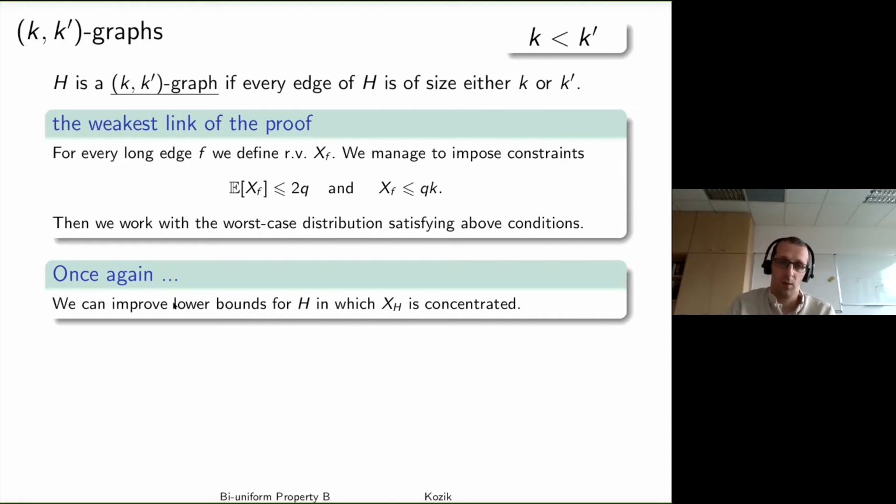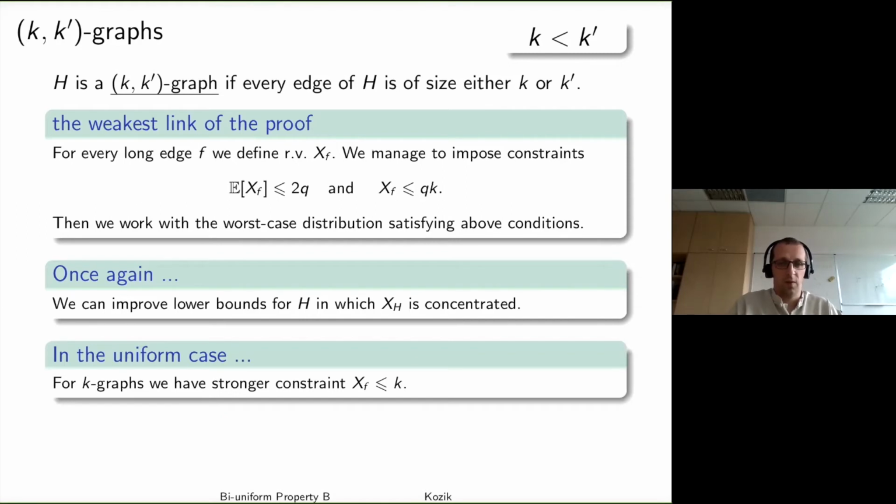And it works both in non-uniform and the uniform case. There must be some reason why in the uniform case we get better lower bound than in non-uniform, and here is the reason. It's pretty simple.